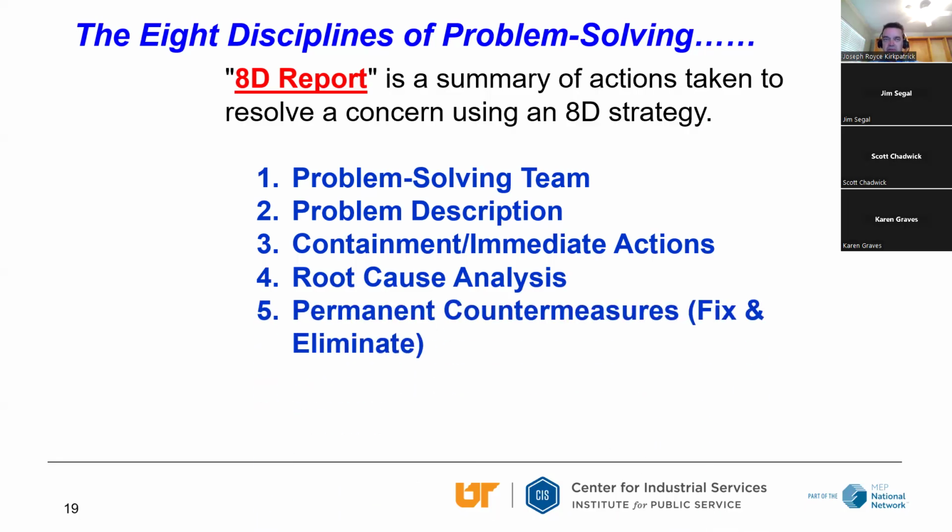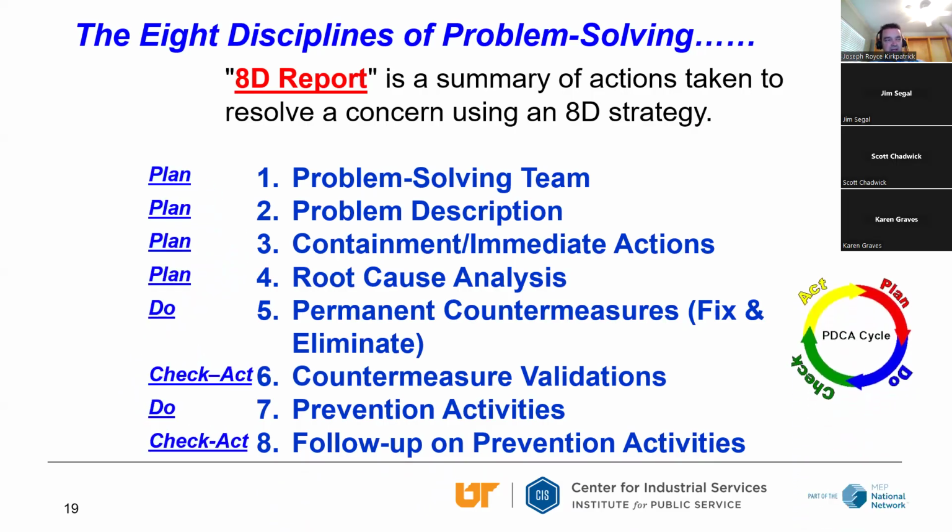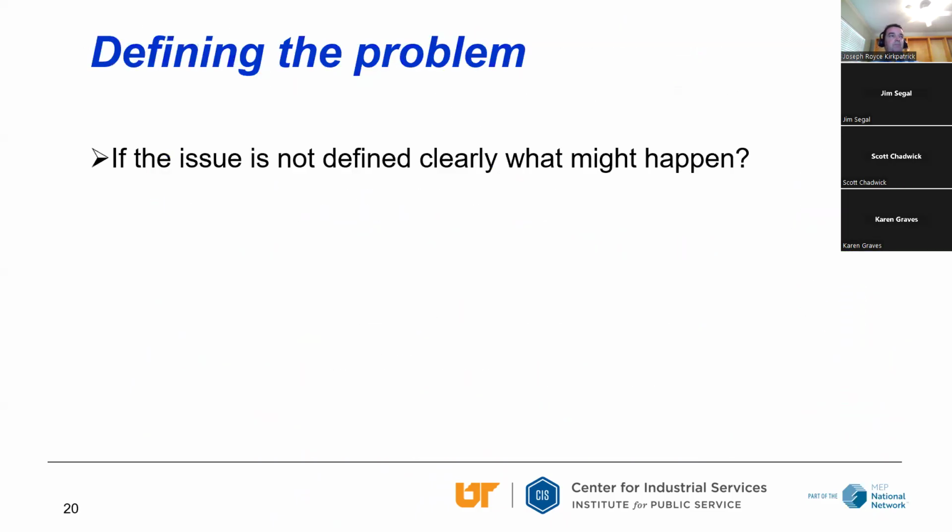You put the countermeasures in place. You validate those countermeasures. And you do preventative actions, do a look across, read across to make sure you implement that in all areas that are applicable. And then you follow up on all the actions that you took. And basically, again, it follows the Plan, Do, Check, Act cycle.